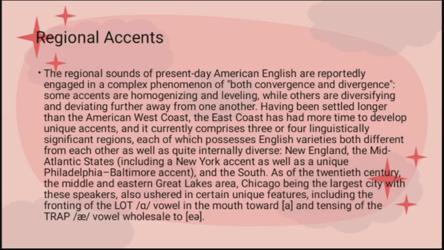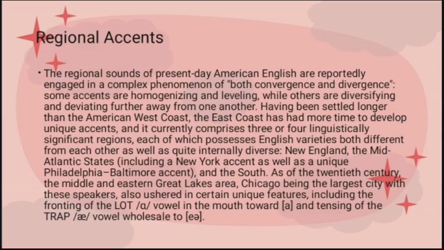The East Coast has had more time to develop unique accents, and it currently comprises 3 or 4 linguistically significant regions, each of which possesses English varieties both different from each other as well as quite internally diverse.